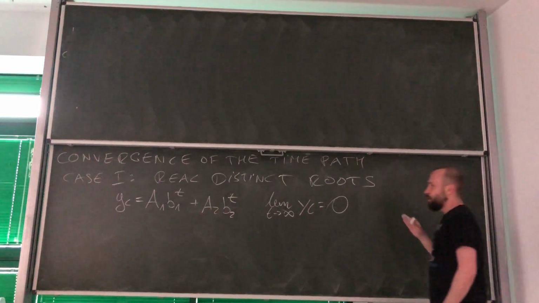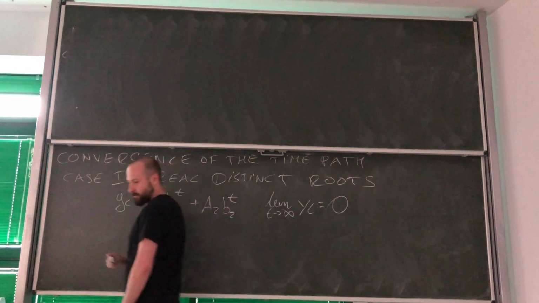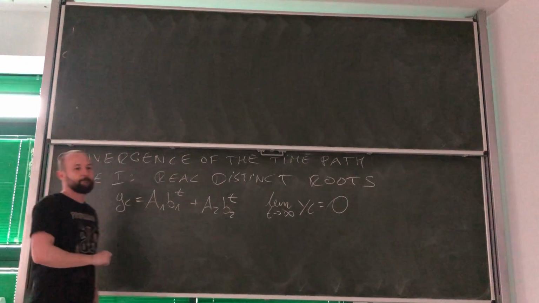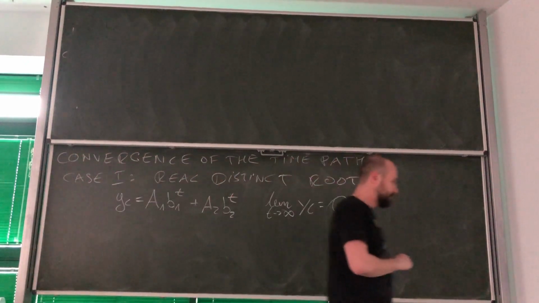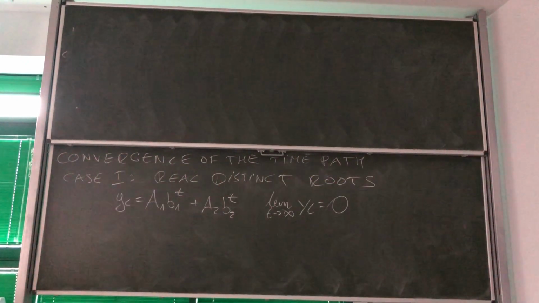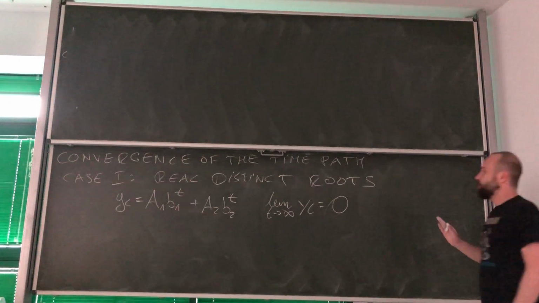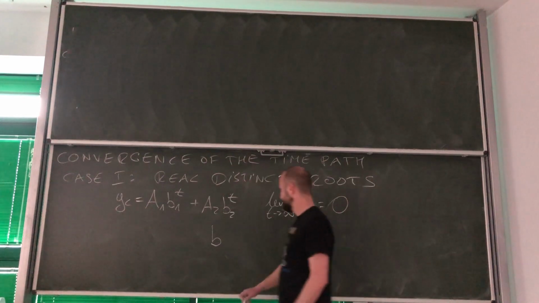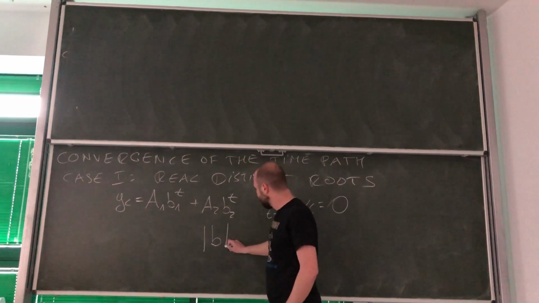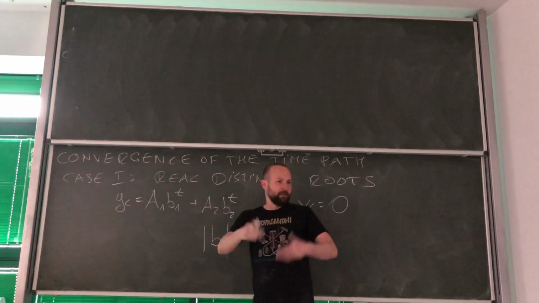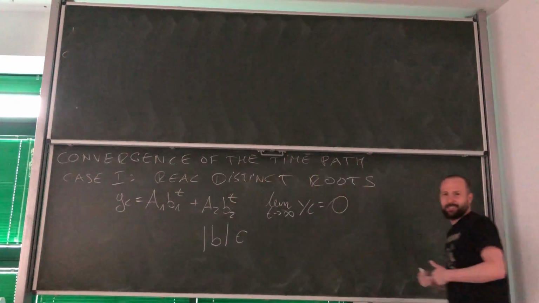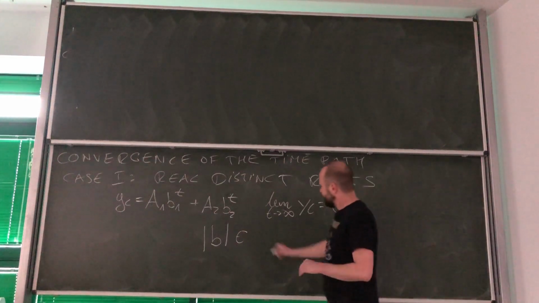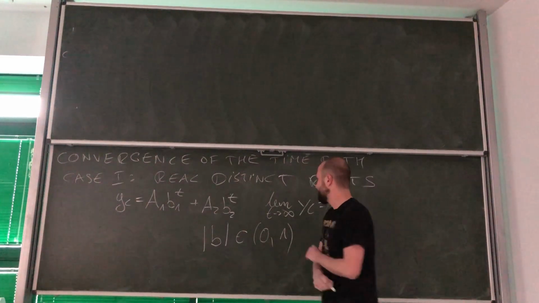And now look, what did we say about convergence in case of a first order difference equation? Well, we said that b, actually the absolute value of b, of course we distinguish between oscillatory and non-oscillatory time paths, but this is not important at this moment, is somewhere between 0 and 1.